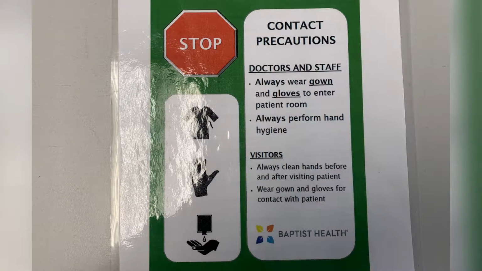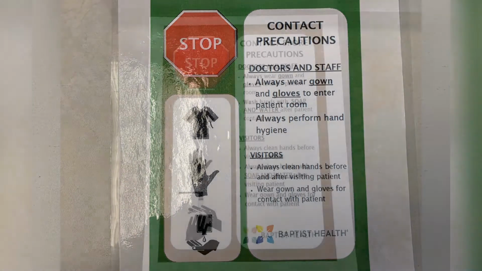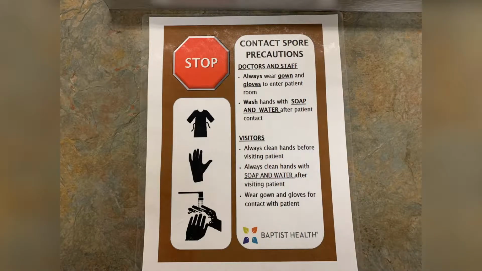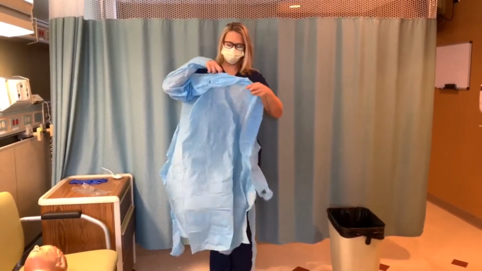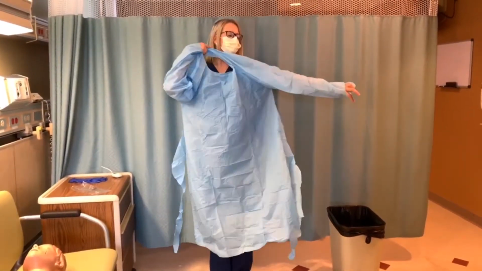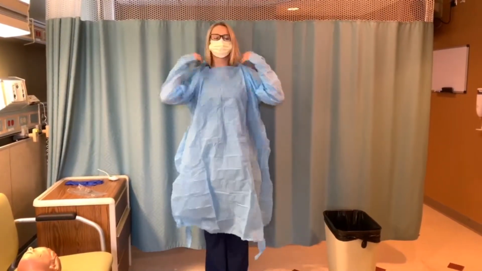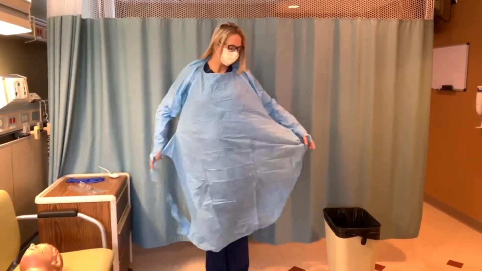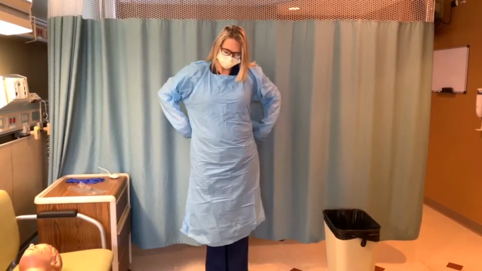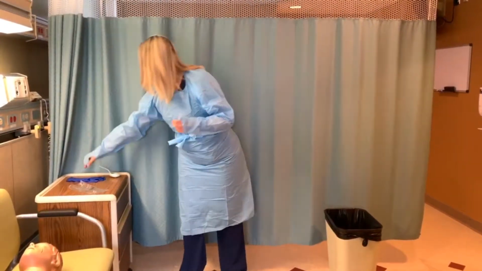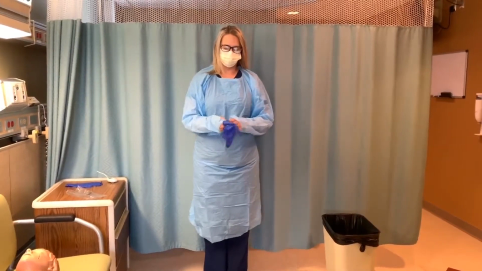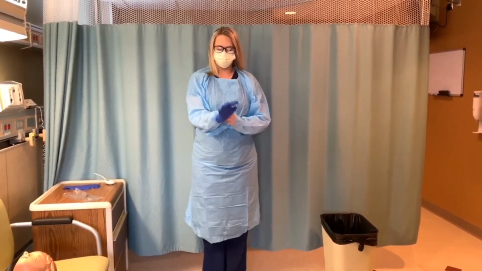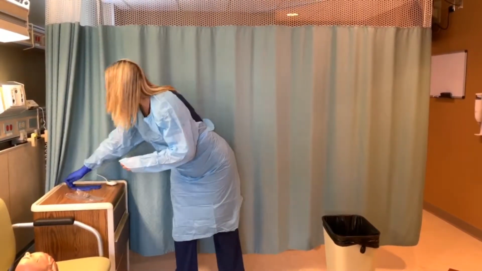There are actually 2 types of contact precautions. Regular contact precautions, you just have to wear a gown and gloves and make sure to sanitize your hands after the patient contact. Contact spore precautions are specifically for Clostridium difficile patients, and you have to wash your hands after any contact with C. diff patients.